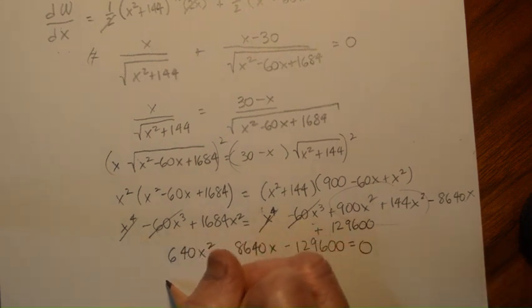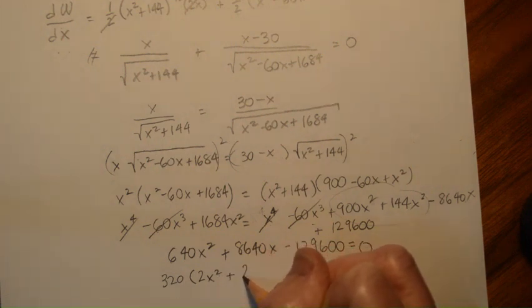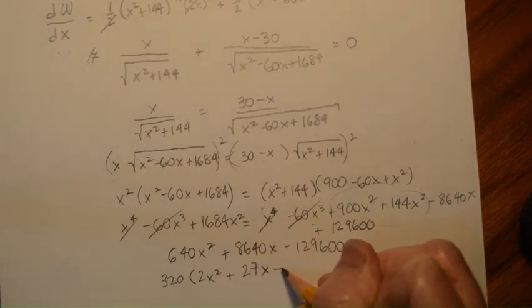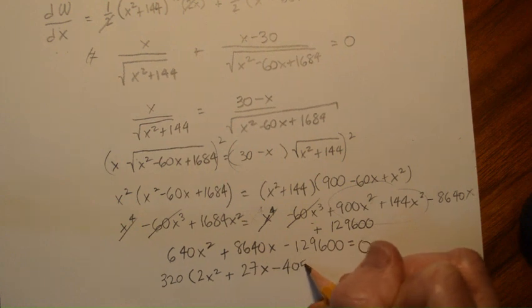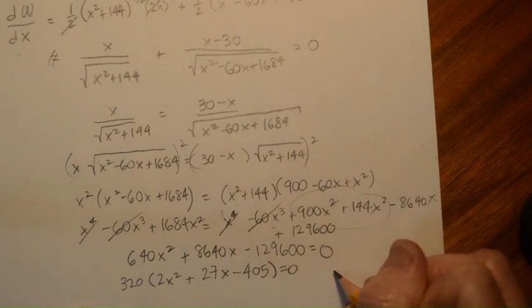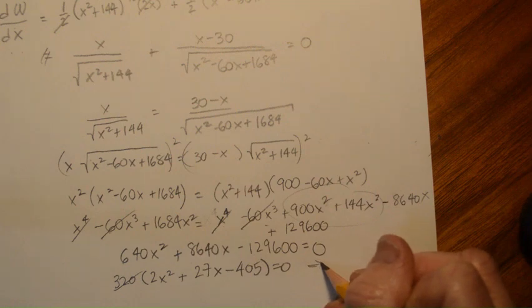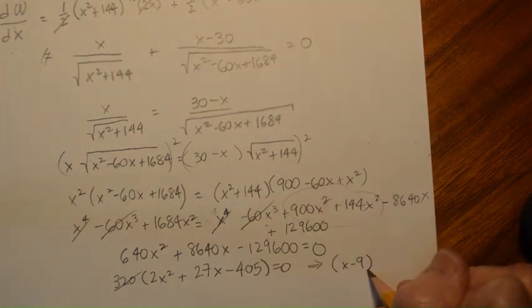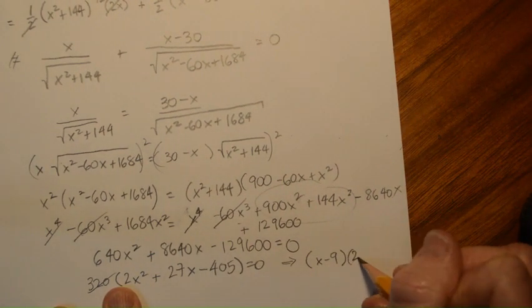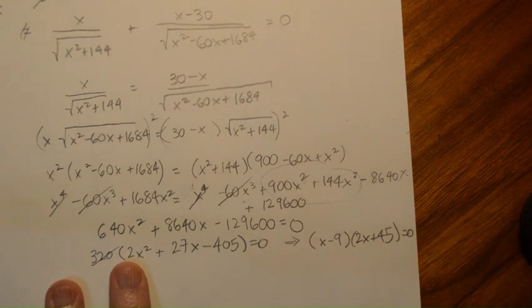Amazingly, they all have a factor of 320. So this is going to be 320 times 2x squared plus 27x minus 405 equals 0. In fact, I'm just going to get rid of this 320, so then this factors into x minus 9 times 2x plus 45 equals 0.